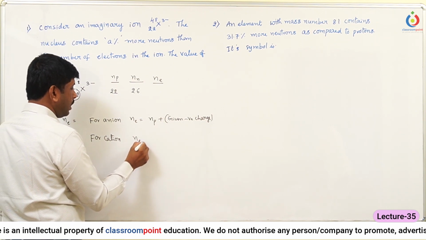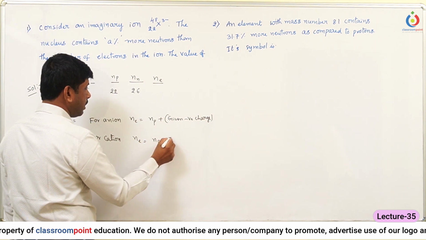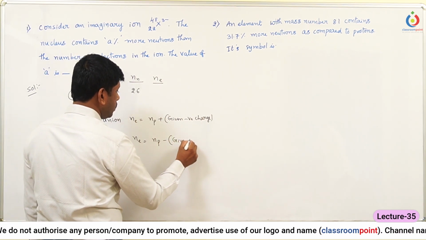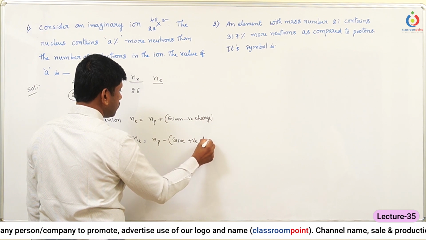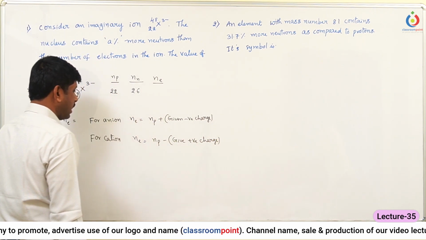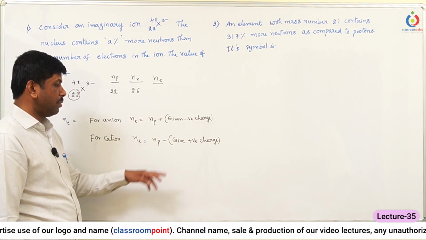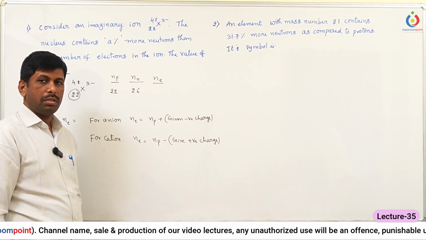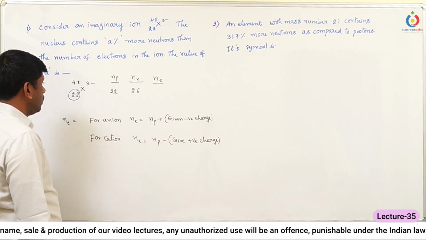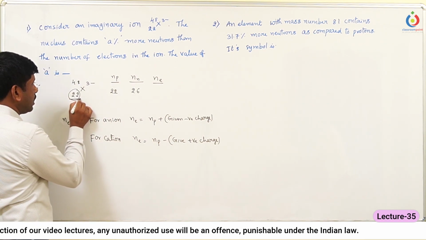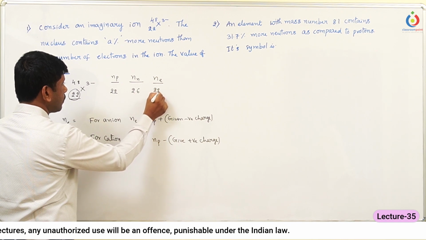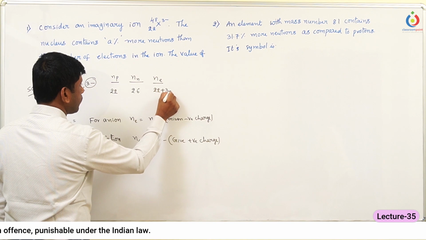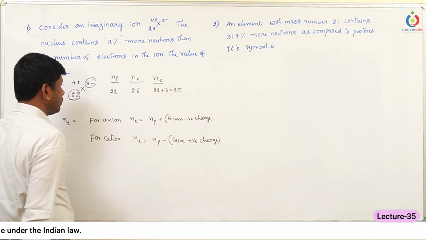So for this, number of electrons equals number of protons minus the given positive charge. Because cations carry the positive charge, that positive charge we have to subtract from the total number of protons, so we'll get the number of electrons. So here the number of protons is given as 22 plus the extra charge given as 3, that equals 25.